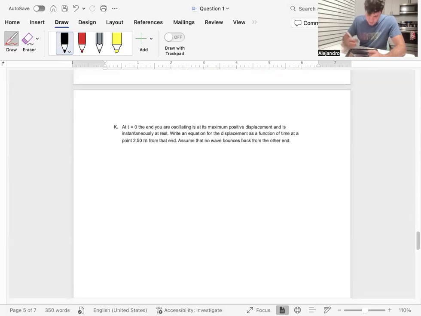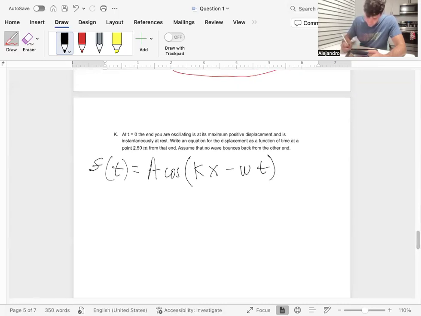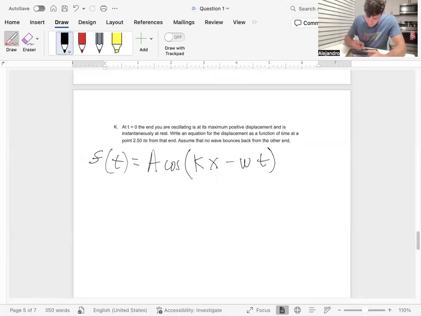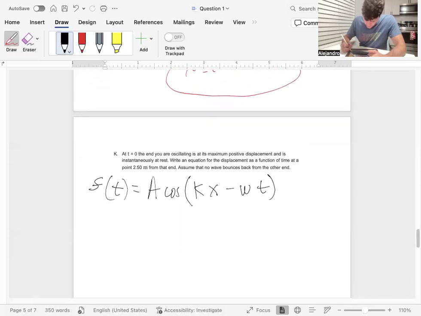It can be modeled, for displacement, by y equal amplitude times cosine, where amplitude is given to us, right?